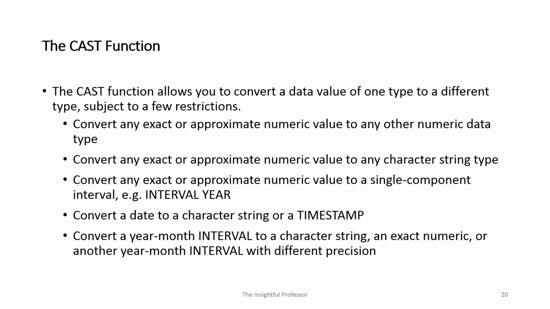So the cast operator is actually defined in SQL as a function. You'll see that there's use of this within Oracle, but perhaps it's much more widely used with database systems like DB2 and SQL Server, where they're much more respectful of the exact numeric and approximate numeric data types. So it's more of an issue with those database systems.